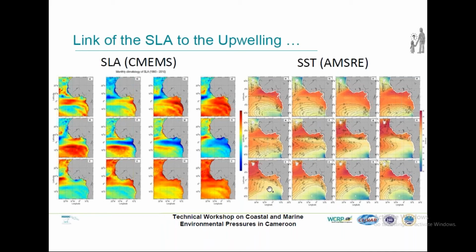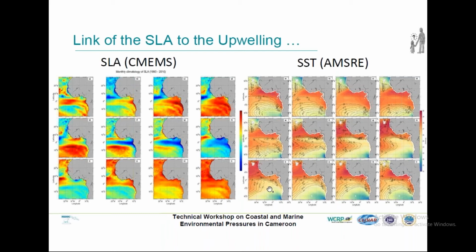During the months of June, July, August, both in sea level and in the SST, we have a low temperature on the top surface of the sea, which is related directly to the variability of the sea level anomaly.